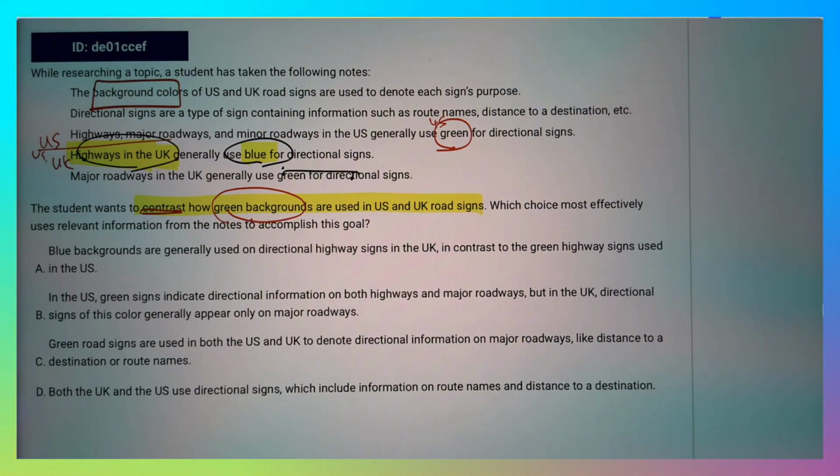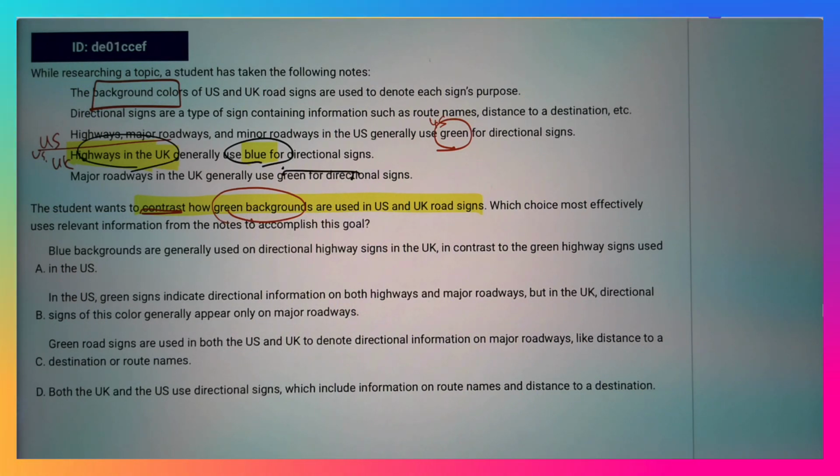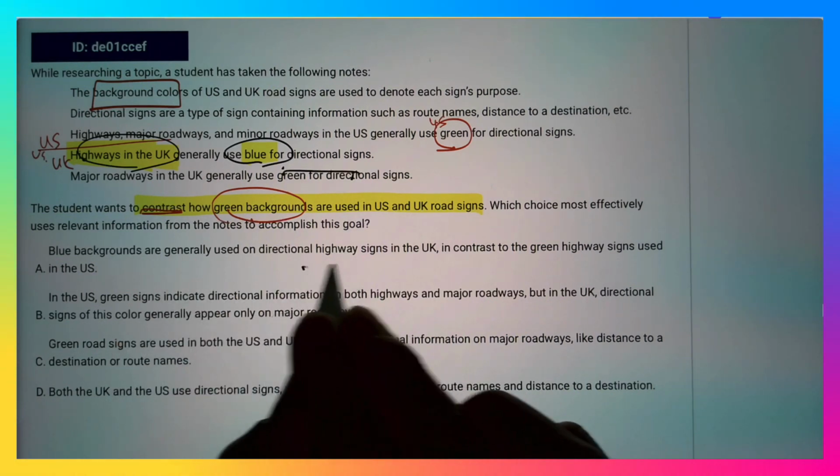So choice A, blue backgrounds are generally used on directional highway signs in the UK in contrast to the green highway signs used in the US. So this makes a very general contrast, that mostly blue backgrounds are used on directional highway signs. So we are targeting just highway here.